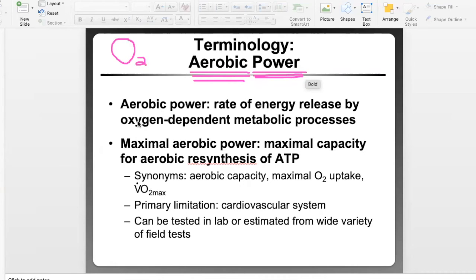So it's your ability to metabolize, or break down, sugars and fats and amino acids for fuel so that you can have ATP. Some people are going to be able to break down those fuels at a faster rate than others. Therefore, they have a higher aerobic power.